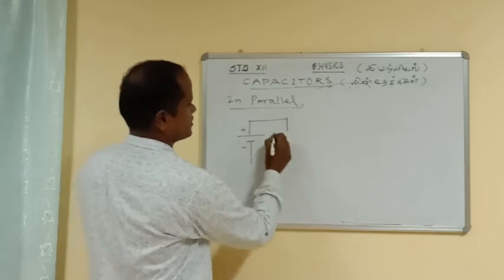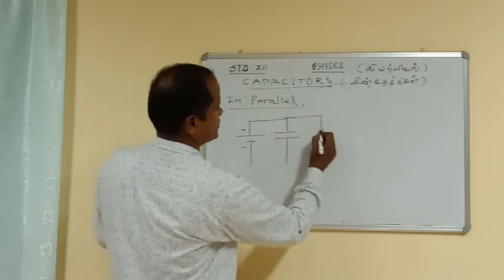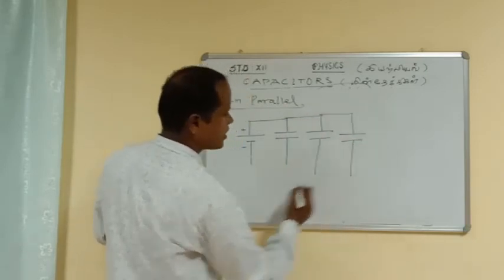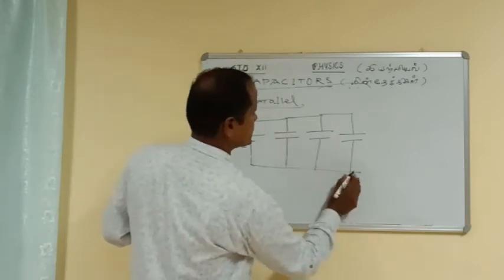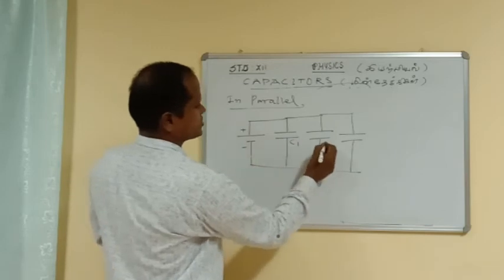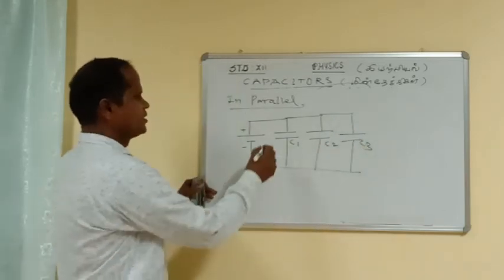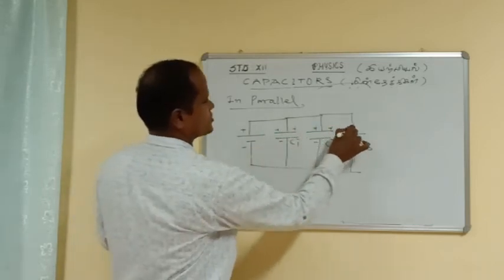Here we have a capacitor, here another one, and here a third. All are connected in parallel. These are C1, C2, and C3. This side will be positive, this negative, positive, negative, positive, negative.